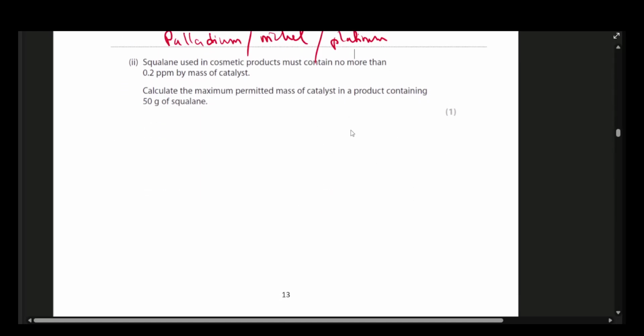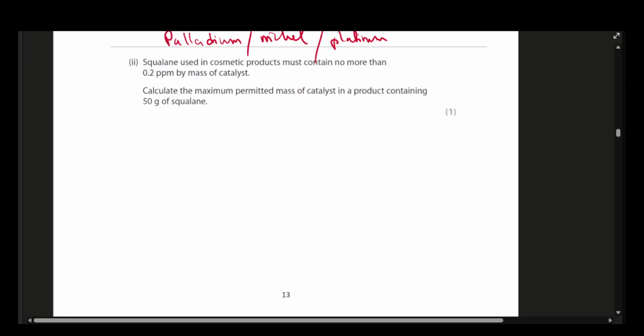Now squalene used in the cosmetic products must contain no more than 0.2 ppm by mass of catalyst. So calculate the maximum permitted mass of catalyst in the product containing 50 gram of squalene. All right, in order to calculate this, there is 50 gram, right? And we know that ppm is 1 in 10 to the power 6.